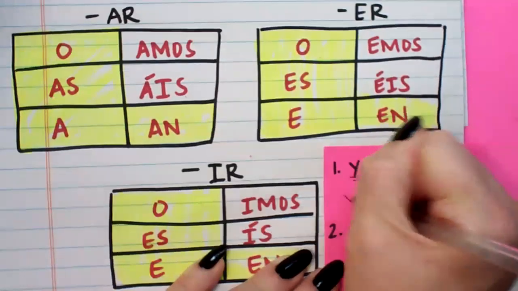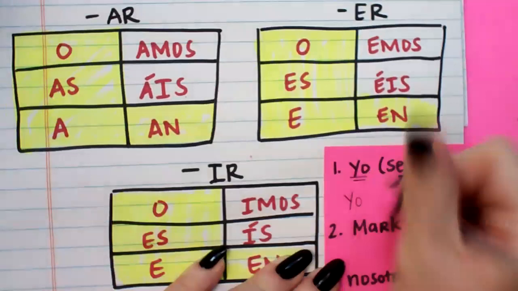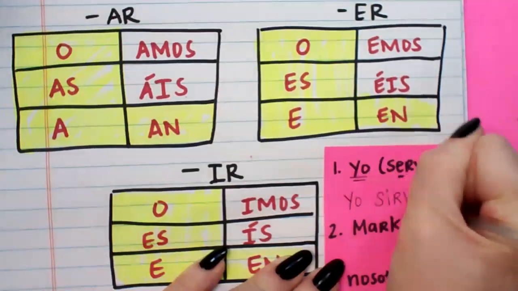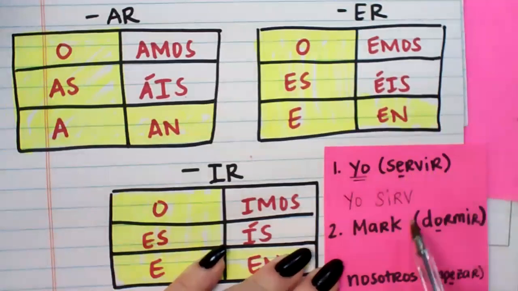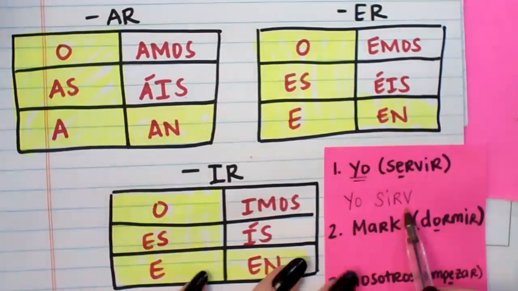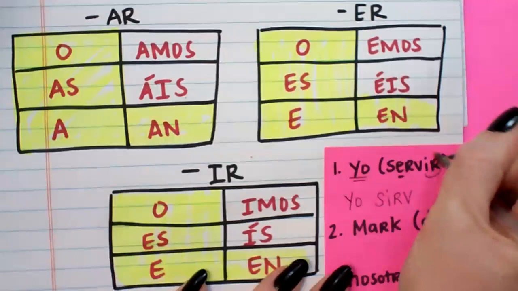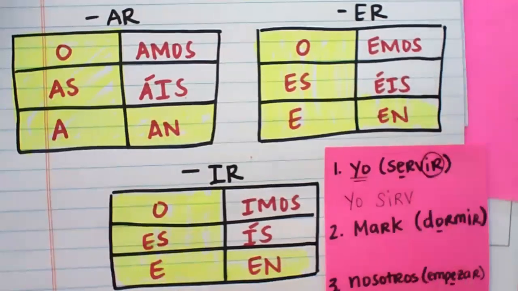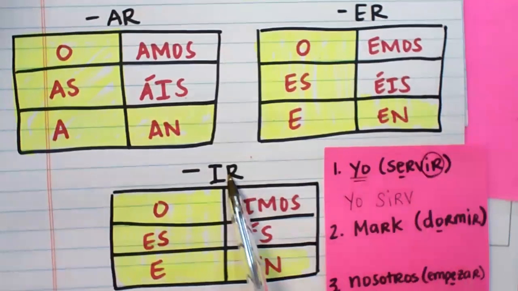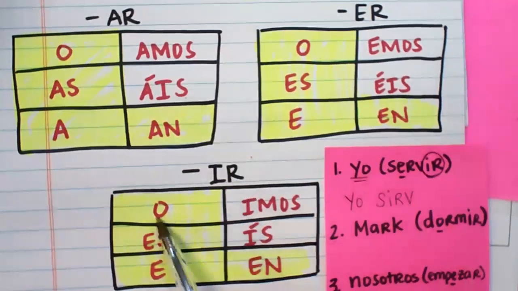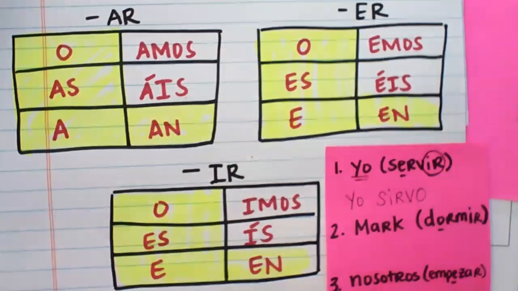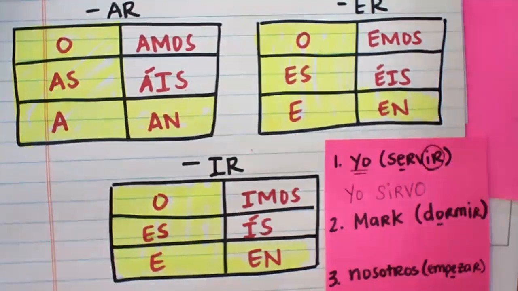And servir is an E to I stem change. So we have the stem changed. Now we have to conjugate the IR ending. So we look at our IR chart and find the yo ending. So yo sirvo is I serve.